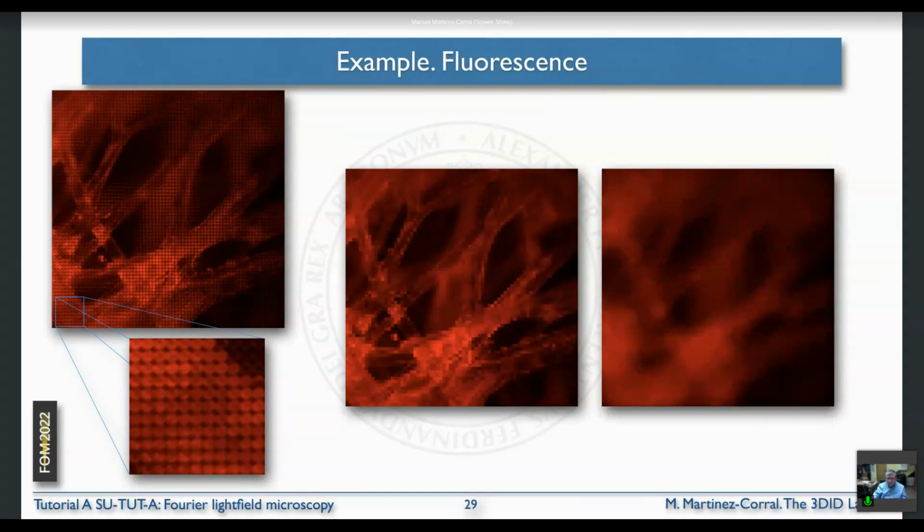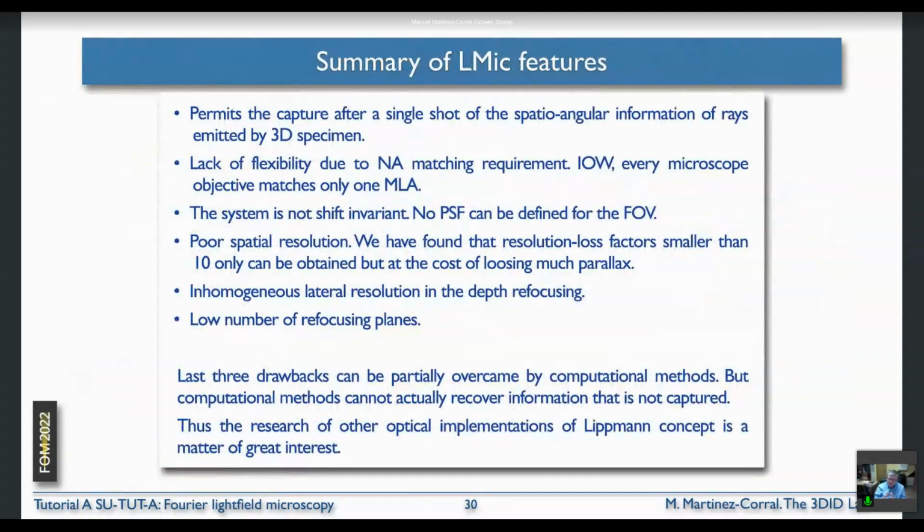But this tutorial is not about Lightfield microscopy. It's about Fourier Lightfield microscopy. So let me make a final summary of Lightfield microscopy features. A Lightfield microscope, the one proposed in 2006, permits the capture after a single shot of the spatial and angular information of the rays emitted by a 3D specimen.